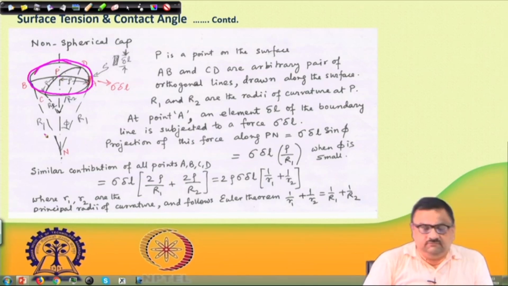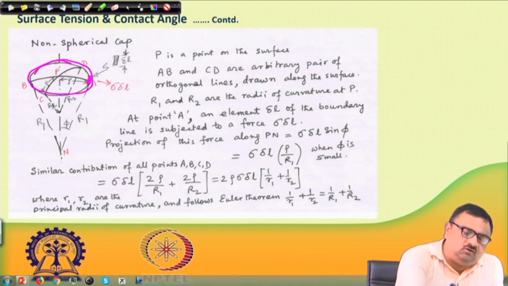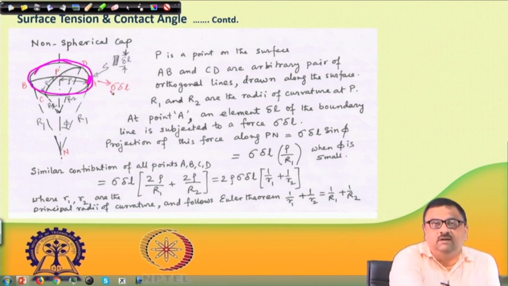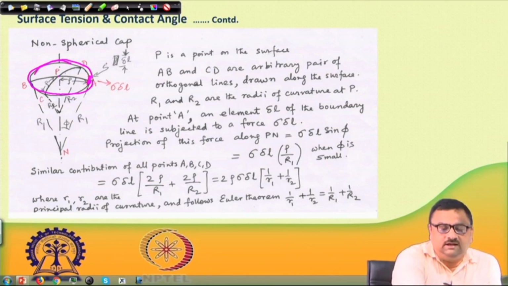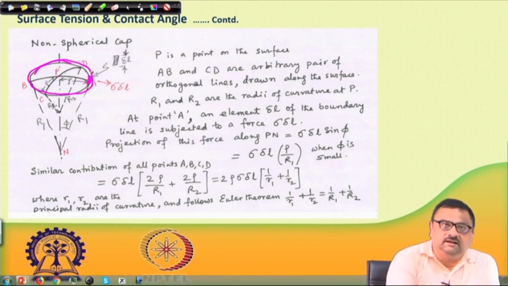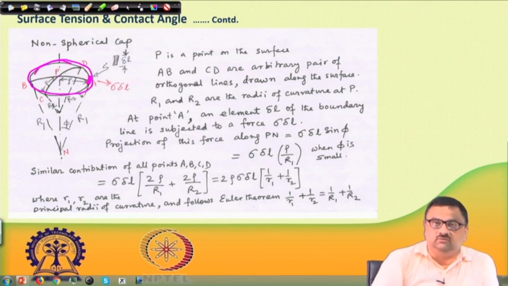And in this case, we showed that for an element of length delta L on this curve, the surface tension force is sigma into delta L. Now, what we need to do is integrate this over the entire curve to get the net force this surface is subjected to.